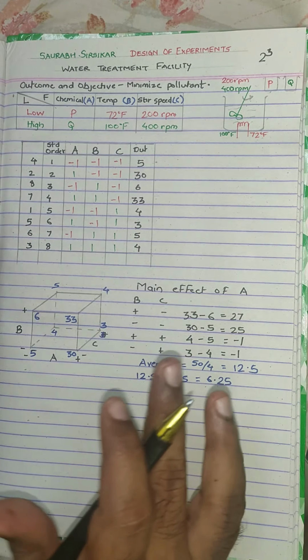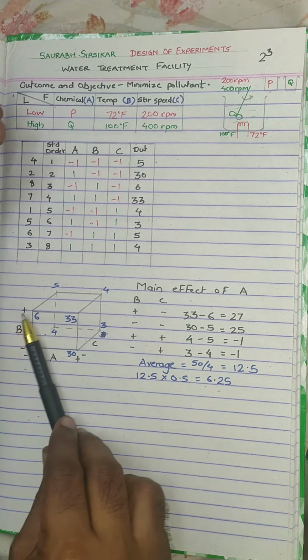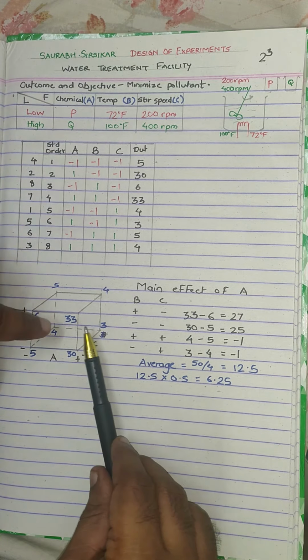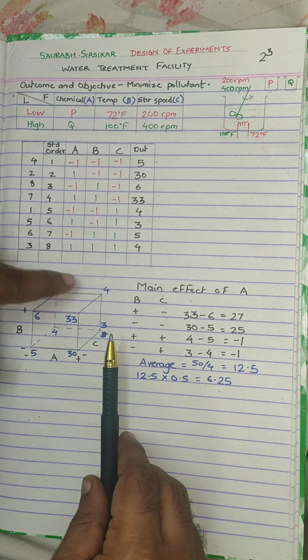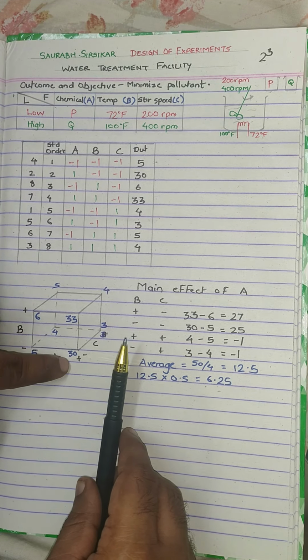Now we want to understand that there are going to be interactions. Just by looking at this plot, can you see that there is something happening here that is not visible over here or here, because we are getting a very high amount of pollutant here.